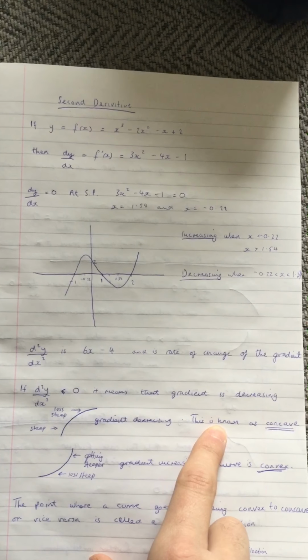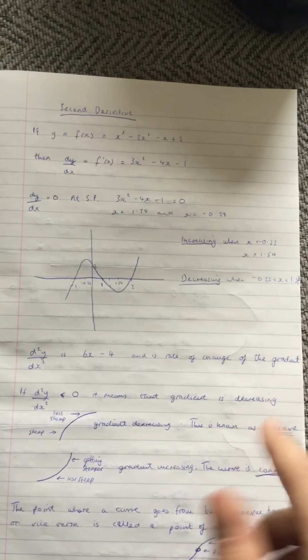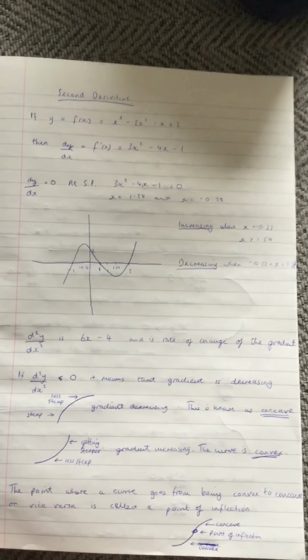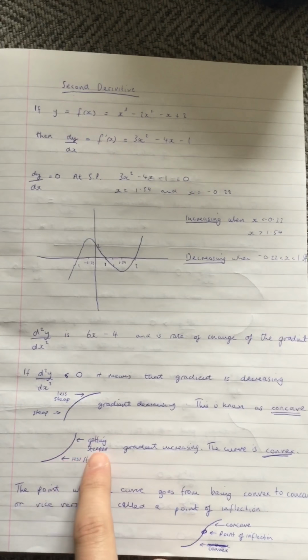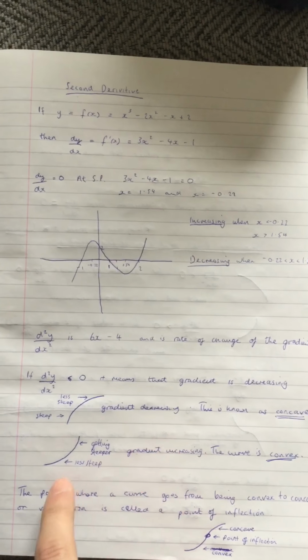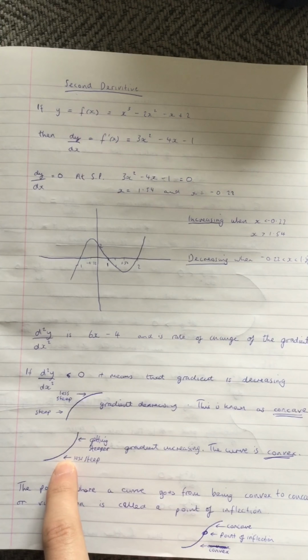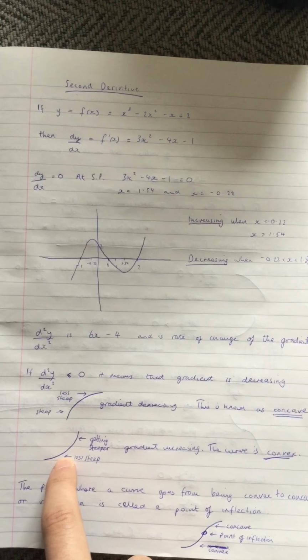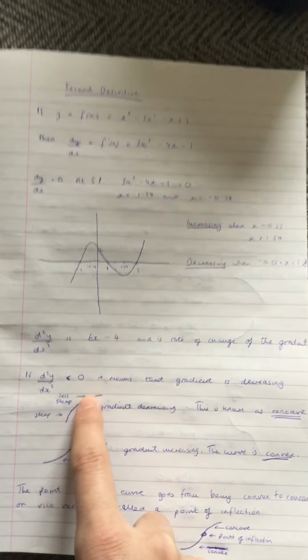Now, the curve at these times, we call it concave. If the second derivative d2y by dx squared is greater than 0, that must mean that the gradient is increasing, and that means that it's going from a less steep gradient to something steeper, and the shape of the curve has something like this.